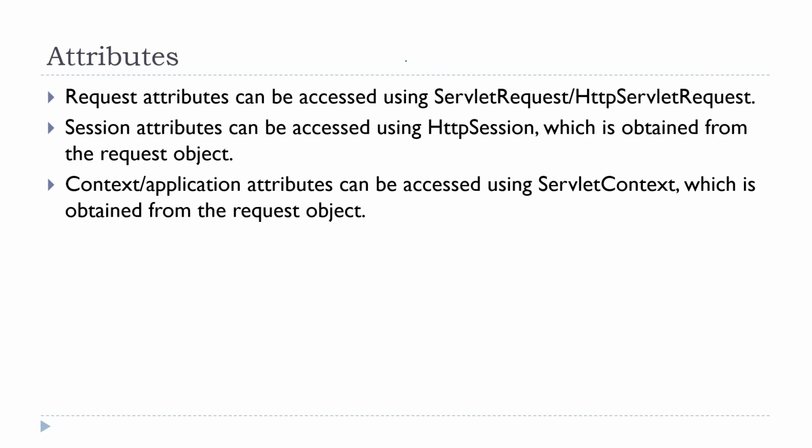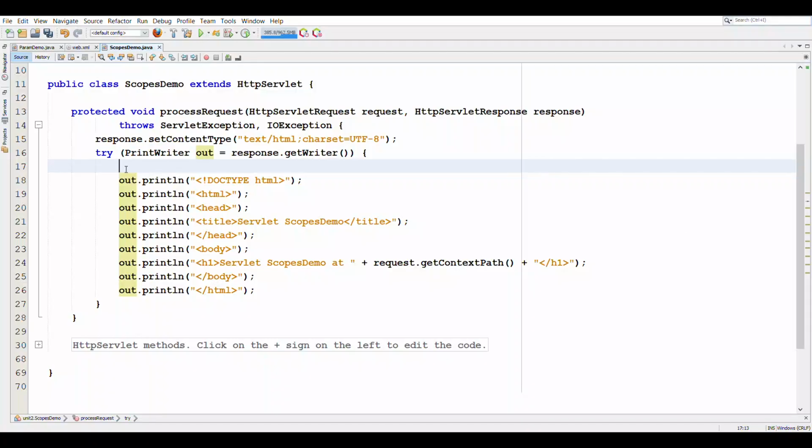Those bound to the HttpSession are called session attributes, and those bound to the context object are called context attributes. Here we have created a servlet named ScopesDemo, and in this servlet we will be setting a request attribute, a session attribute, and a context attribute.